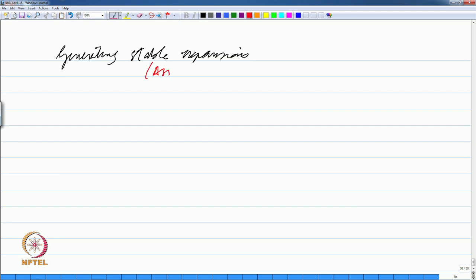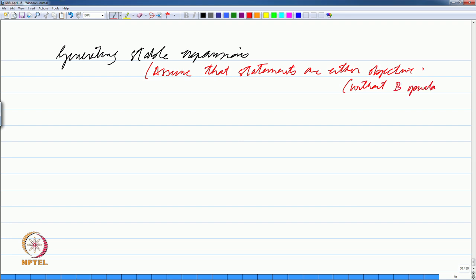So, we assume that statements are either objective, which means without the B operator, or of the kind B alpha, where alpha is objective.